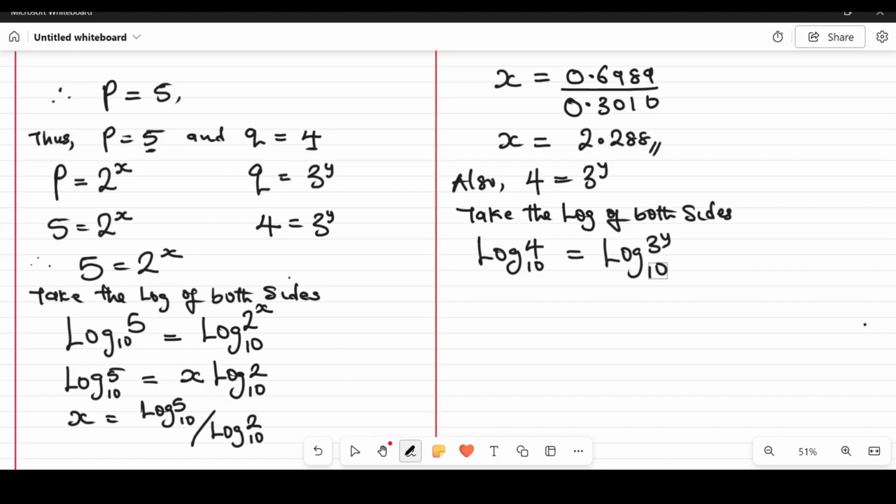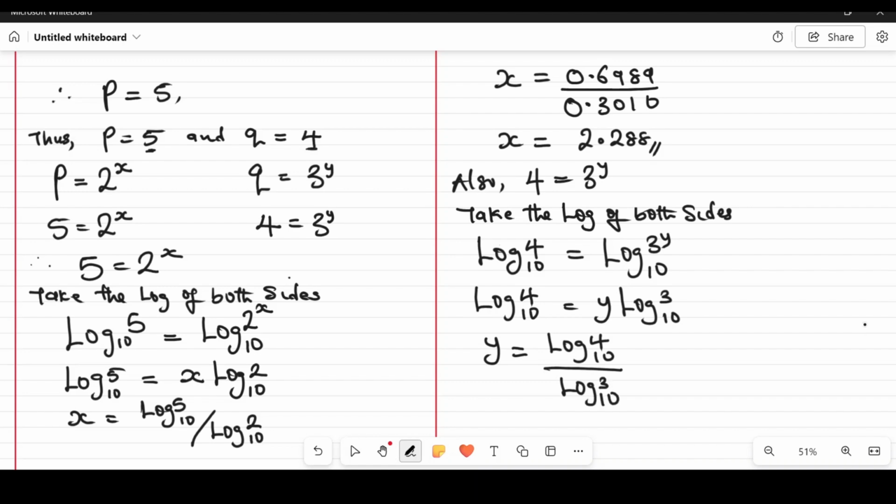This can also be expressed as log 4 to base 10 equal to y multiplied by log 3 to base 10. Now, if we make y the subject, we have that y is equal to log 4 to base 10 divided by log 3 to base 10.